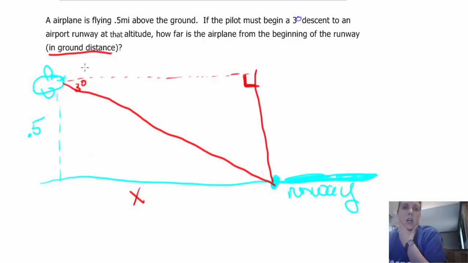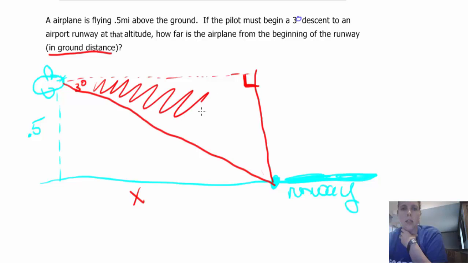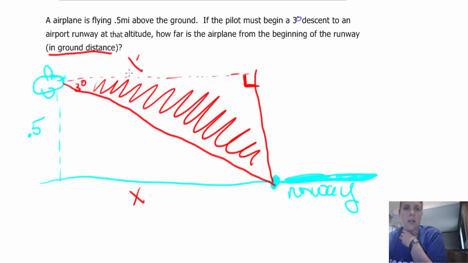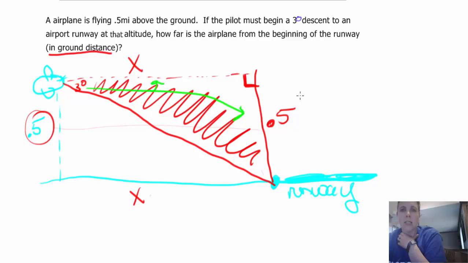Okay, well, if this is our degrees right here, we really need to use this triangle. But this makes a nice rectangle. So if this is x, we know this is x. And if this is 0.5 right here, we can just bring it across and make it 0.5 right here. So we're coming up with this x right here. From the 3 degrees, we again have opposite and we have adjacent.